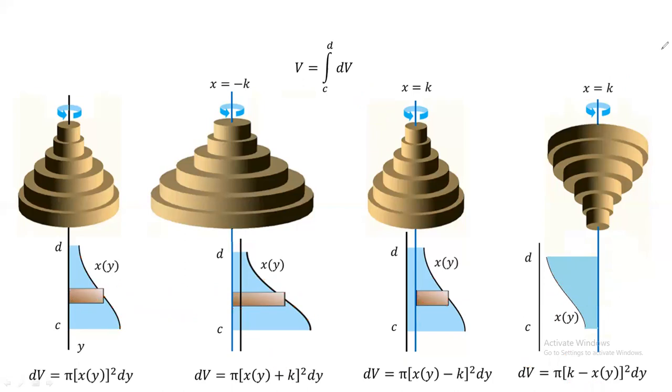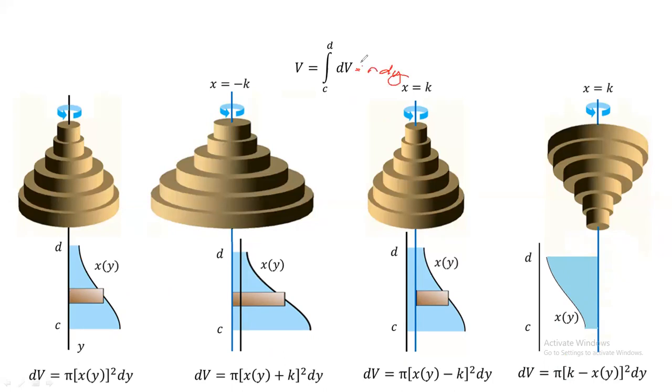So by the way, we'll just contrast the two. This one is vertical axis of rotation. The function is in terms of y, meaning the variables that you will be seeing in your function are y variables. And your differential area, in this case, will be r dy.